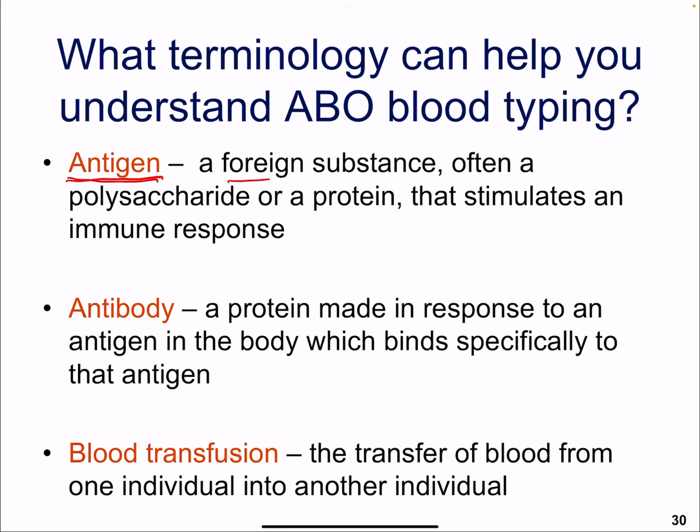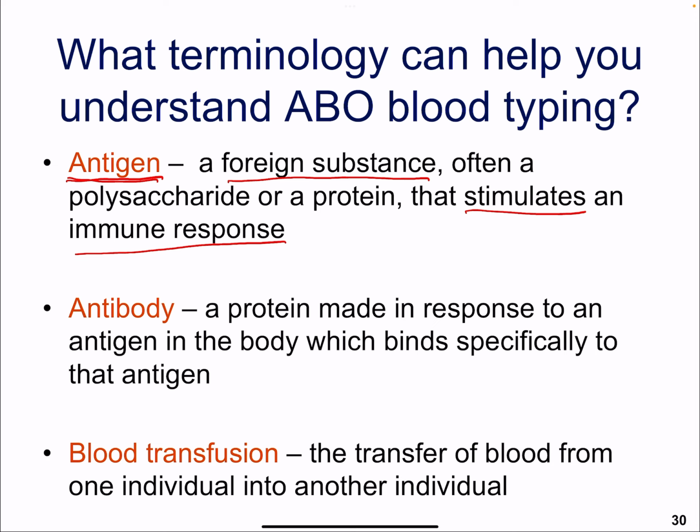Antigens are foreign substances that are capable of stimulating your immune response. In other words, say you breathe something, and that something contains harmful particles such as bacteria. These bacteria are foreign particles to your body.